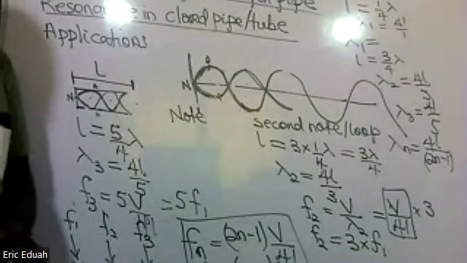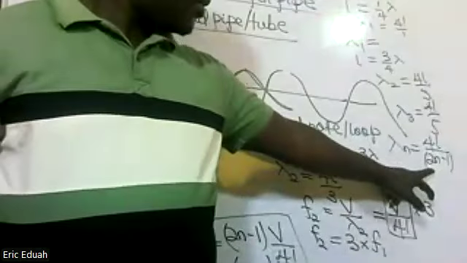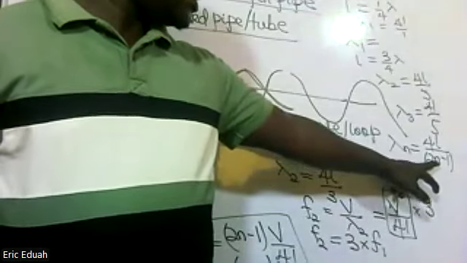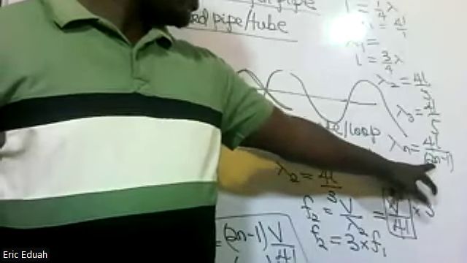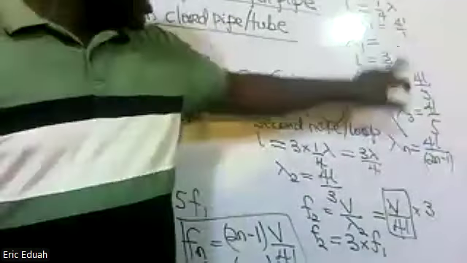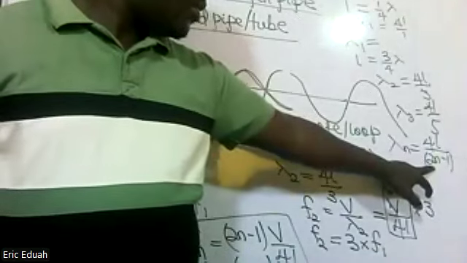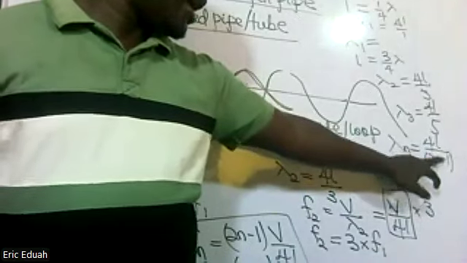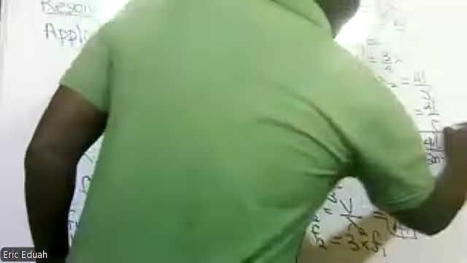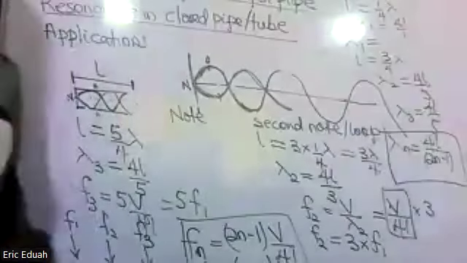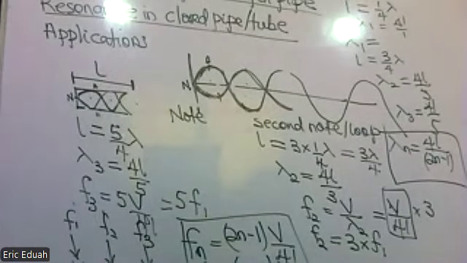So that if n is 1, we have 4L on 1, which is this. If n is 2, we have 4L on 3, and it's also fixed. So this is also an expression of the nth wavelength for closed pipes. Please, any question before we look at the open pipe?